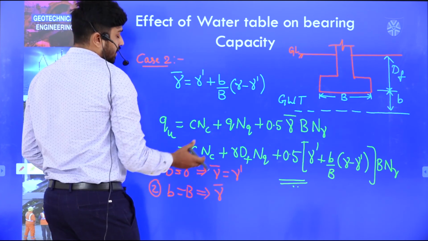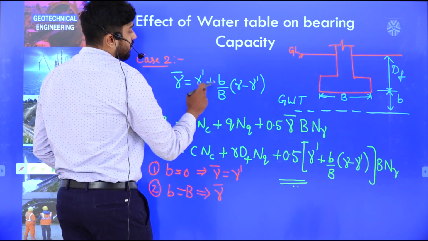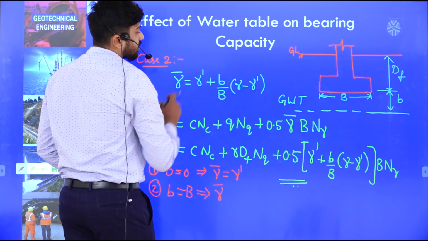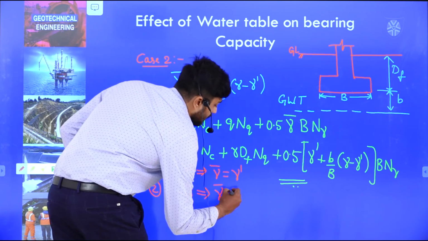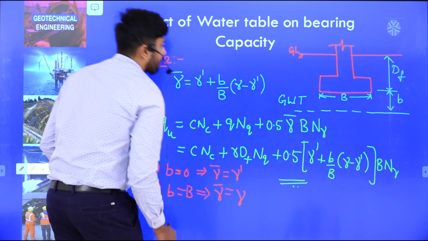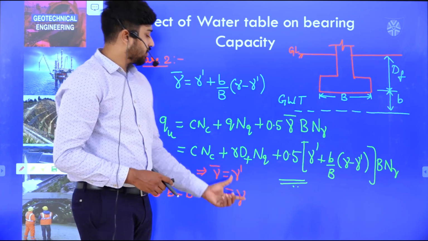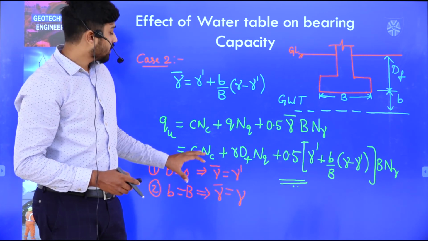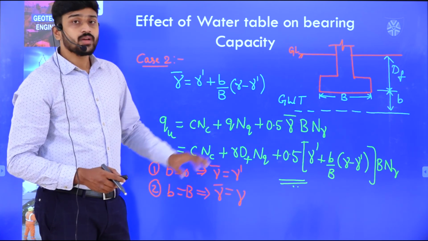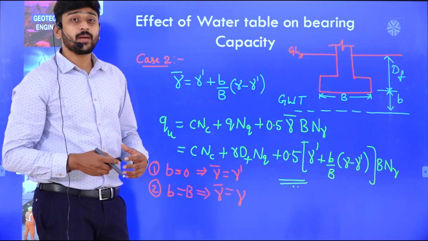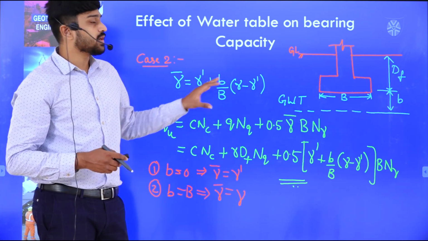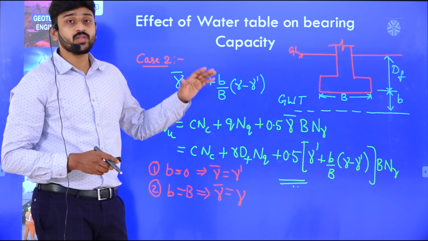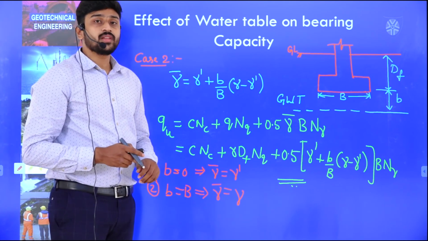Substitute b as capital B, so this will be gamma dash plus (gamma minus gamma dash), so it will be simply equal to gamma. So your gamma bar will be equal to gamma in this case. Clear? So substituting these two in Qu, we can find out the ultimate bearing capacity for this particular case when the depth of the water table is below the base of the footing. So I think this is clear.